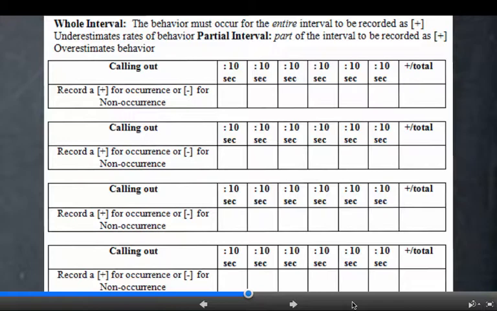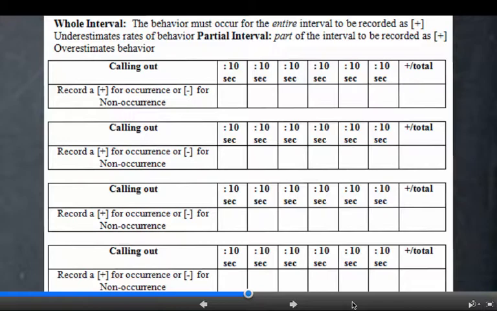So I observed you climbing and ascending the stairs 1 minute into my 10-minute observation. I put my plus down on my data sheet, and I'm good for the next 9 minutes in terms of my data collection. I don't have to do anything else until the next 10-minute interval cycles around, and I need to do a new recording at that point.